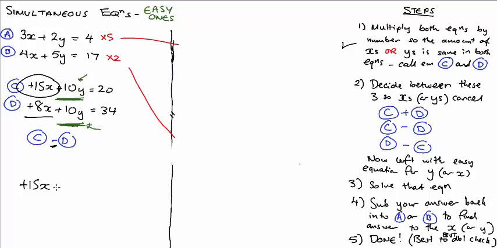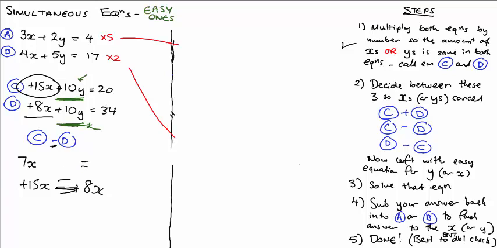You've got to decide what you're doing to it. This plus minus 8x, obviously that becomes minus. Can you see if I do this, then I'm going to get 7x here. You don't have to put the plus. These ones will cancel, as we said. That's the whole point we're doing this. Plus 10y minus plus 10y will be 0, so they're gone. You can either put 0, but I'm not even going to bother because it's just disappeared. Put the equal sign where it is.